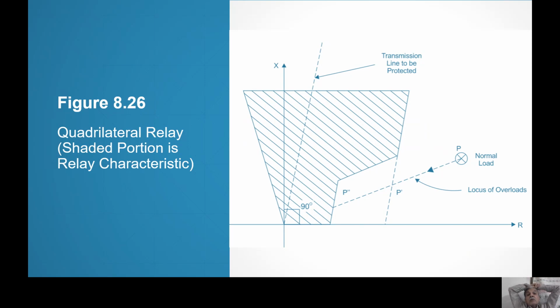Because of overload, what is damaged? What is damaged is insulation. For a transmission line, the insulation is the suspension insulator and air. Air becomes hot because of overload.